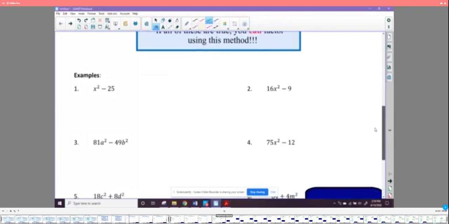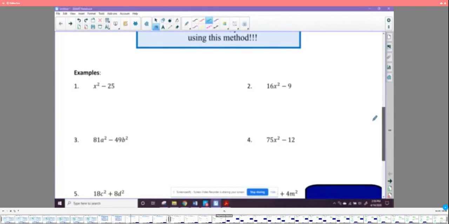Let's look at some practice problems. So number 1, we have x squared minus 25. So do we have a perfect square here? It's x squared, perfect. It's 25, perfect. Do we have a subtraction problem? So x squared is perfect and 25 is perfect.